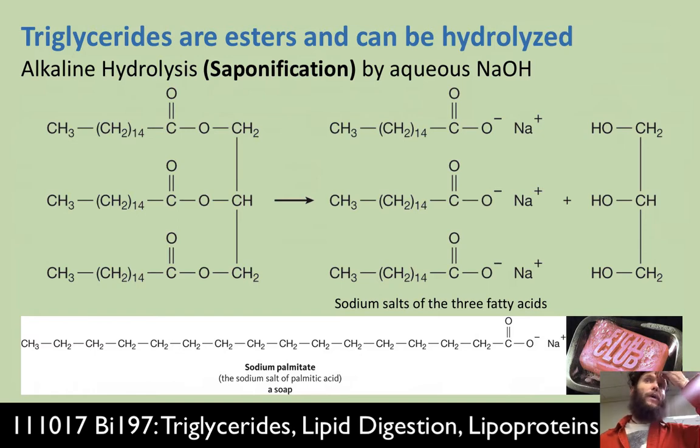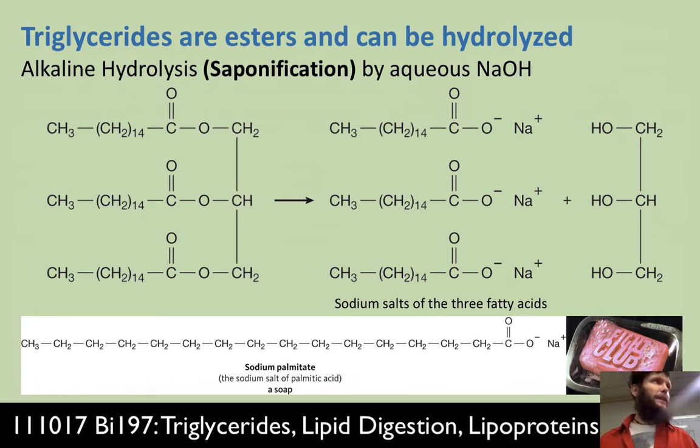This is why we were able to use egg yolk as an emulsifier, as a detergent, as a surfactant, right? Because they are amphipathic like this. So yeah, in the process, you take the triglyceride and you expose it to a strong base.